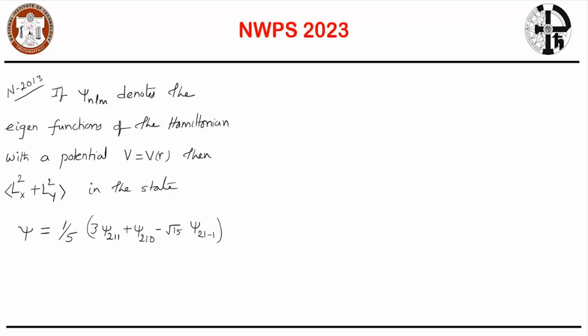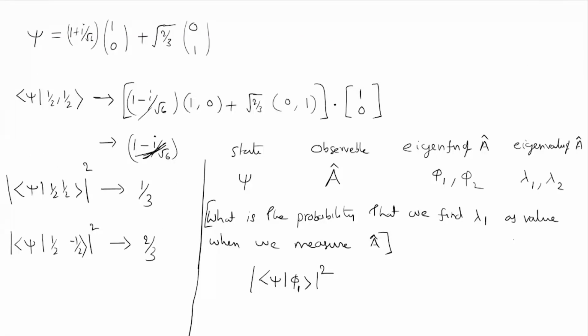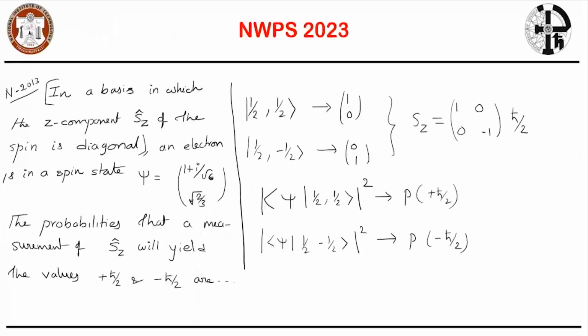Let's go to the next one. Yes, the previous question. Sir, this is in the SZ basis, so it's easy to calculate SZ. But if they provide psi in the SZ basis and ask for the X direction, like SX, then how can we do it?